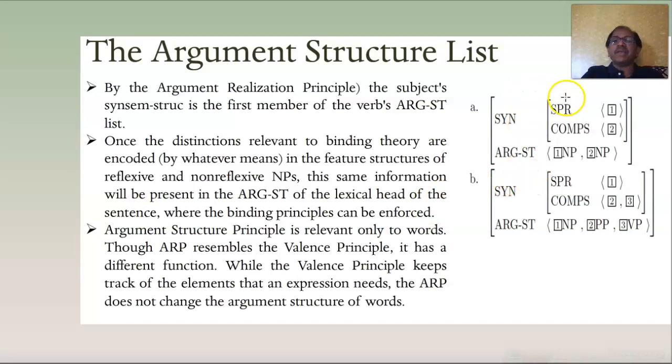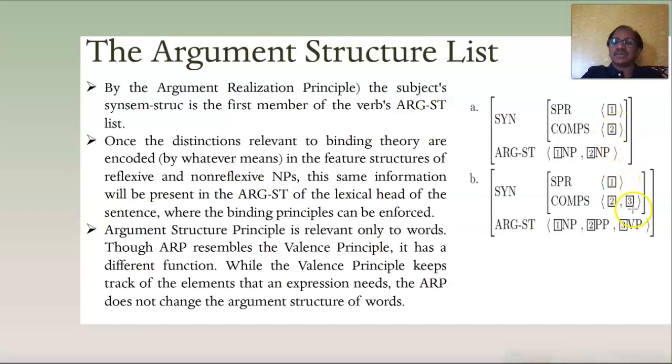So, what we have seen is now in a comps, we have a complement that matches with the synsem structure of the word, the object. Let's say the object here is a reflexive. So, in its synsem structure, we have anaphor plus. So, the comps value here will also have anaphor plus.